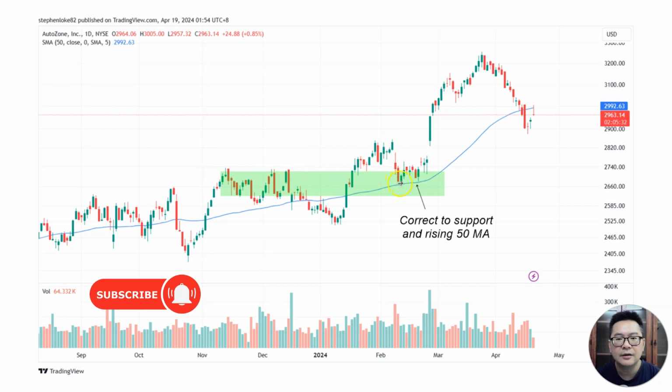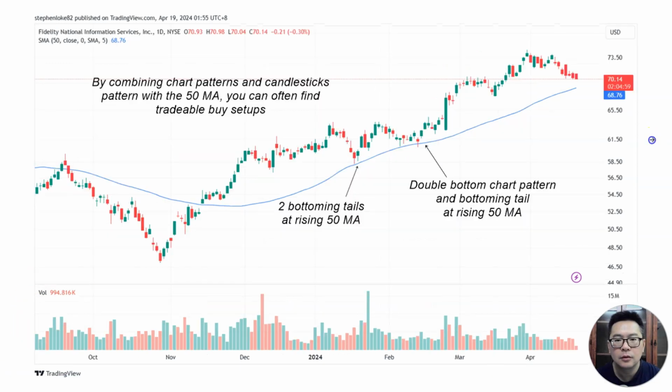And you can see how the stock found support at this rising 50 MA and also price support. So after that, it rose very well. So when you have a situation where the stock drops to support and also the rising 50 MA, you can often find very nice upward moves.